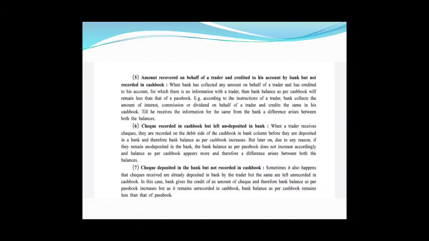So in this condition, the bank has collected an amount on behalf of traders, so the balance as per passbook is going to be more than the balance as per cash book.